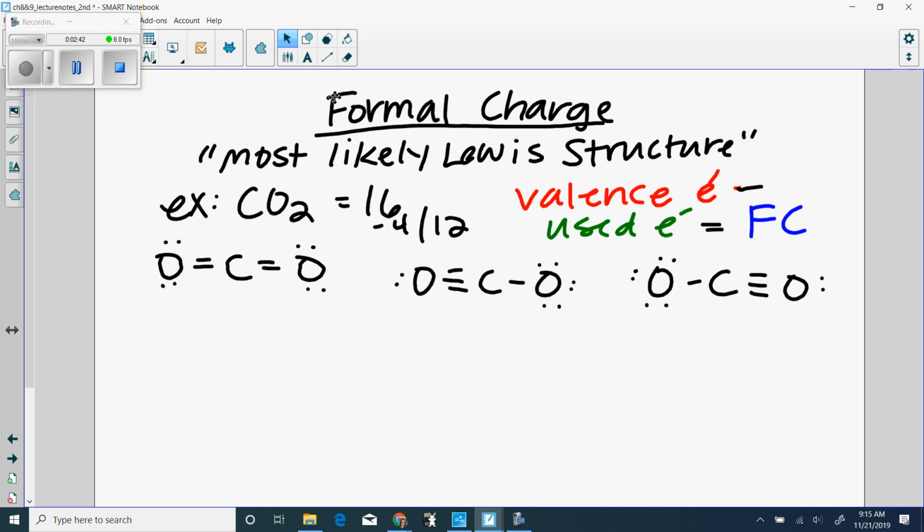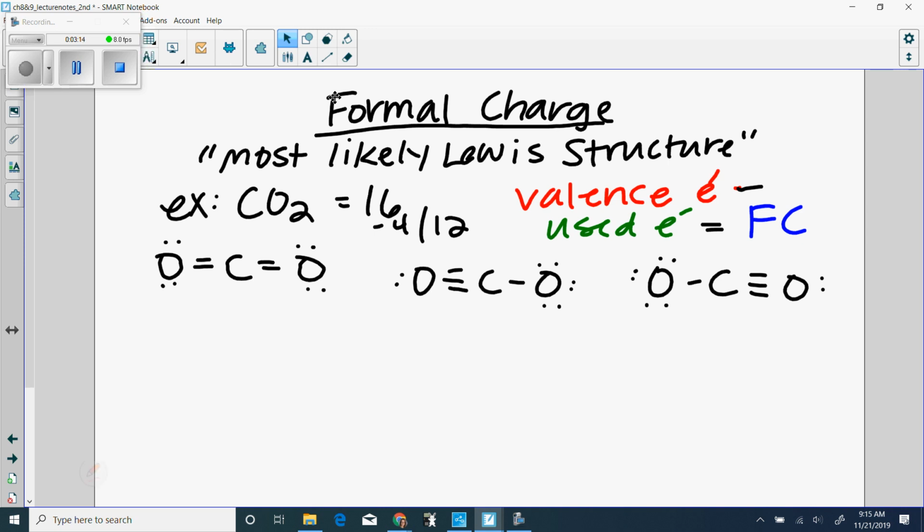So formal charge theory is that when an atom has only like 6 valence electrons, and we compare it to how many actually are being used, the ones that are even steven are more likely to happen. Okay, so what you have to do for formal charge is do each element separately, and you're looking for it to turn out to be zeros and negatives. If it turns out to be positive, it gets eliminated.